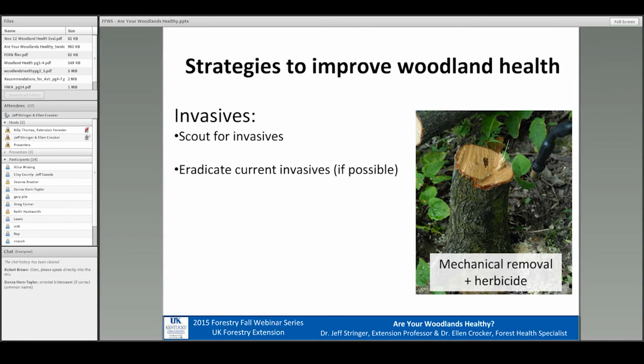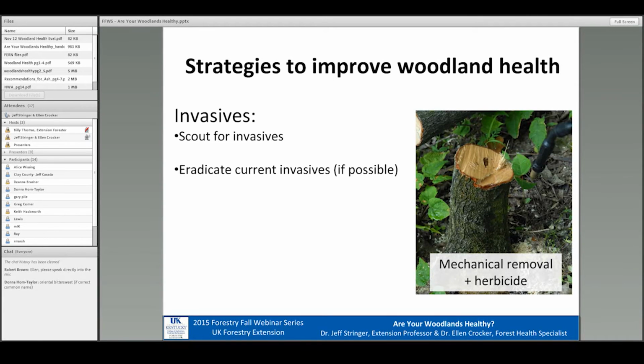And I say if possible because with a lot of invasive plants, you're going to want to try to eradicate them from your woodlands. But with some of the invasive insects and diseases we talked about, that's just not going to be feasible. Unfortunately, while you can treat individual trees, it's going to be really cost prohibitive and not possible on a large scale.